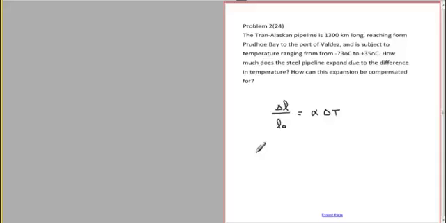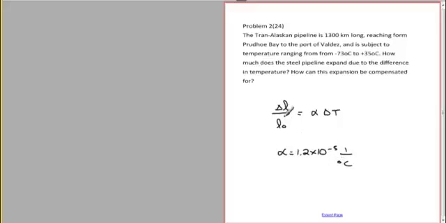If we go to page 552 in our book again, we just used it, and we look at steel, it says 1.2 times 10 to the minus 5. So alpha for steel is 1.2 times 10 to the minus 5, and the units are 1 over degrees C.